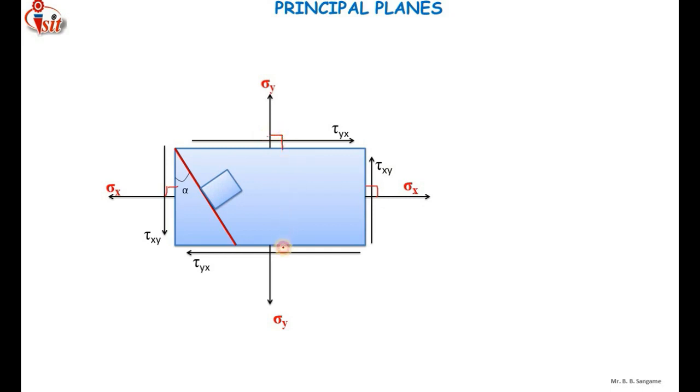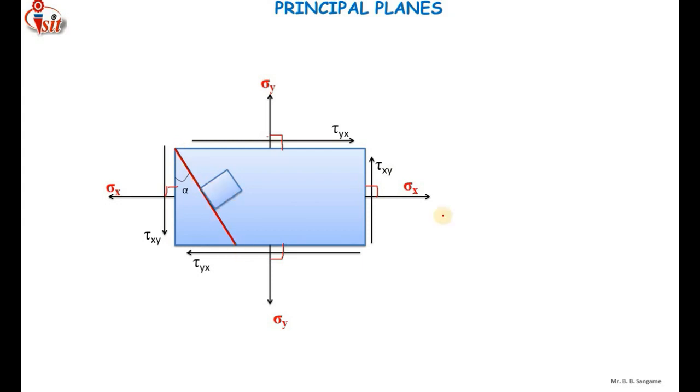As I have already said in the previous slide, I have discretized, or divided, the actual component into small elements. So here I am going to consider one element. Here you can see that this is the element which is inclined, having the orientation along this inclined plane.